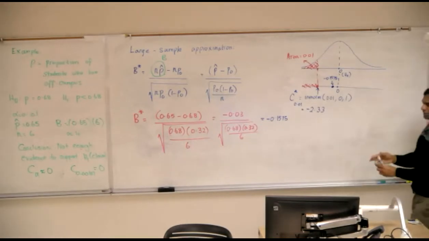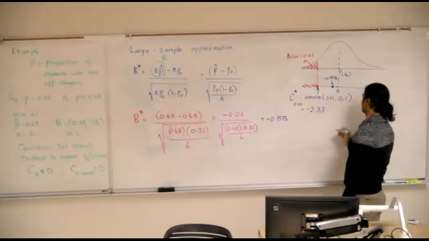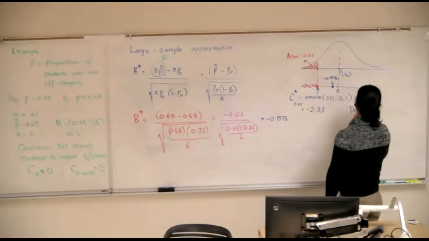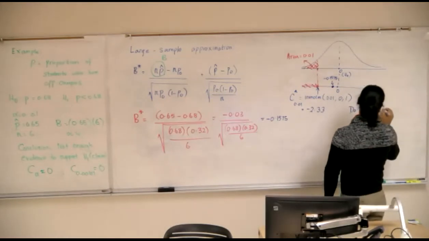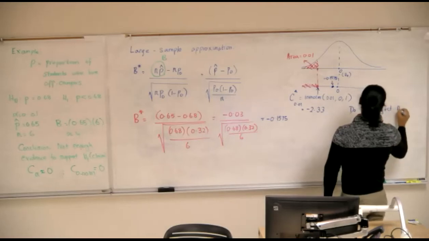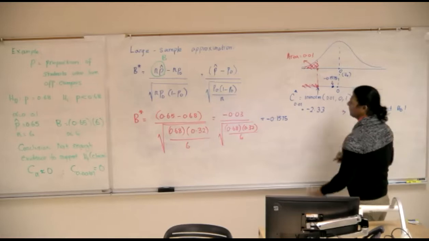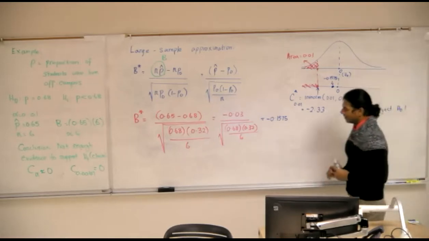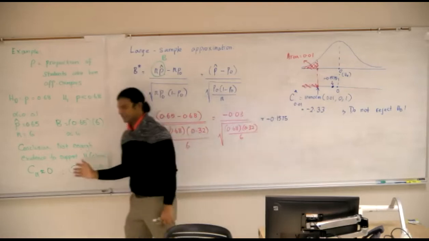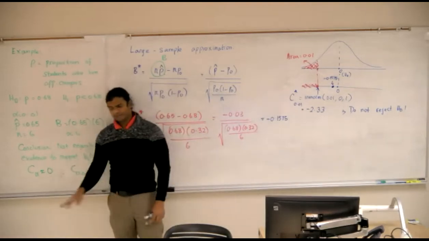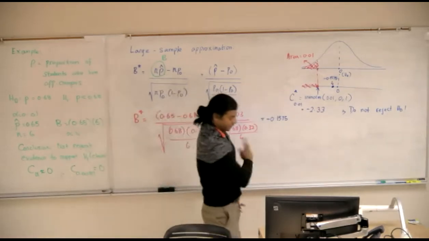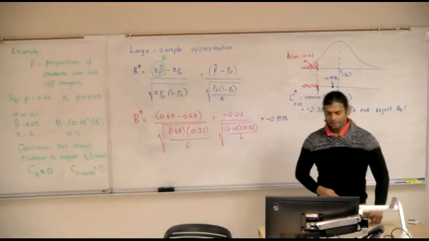No. Should we reject the null? No. We do not reject the null. We don't find enough evidence to support the alternative. The exact same conclusion as the one we had last time.